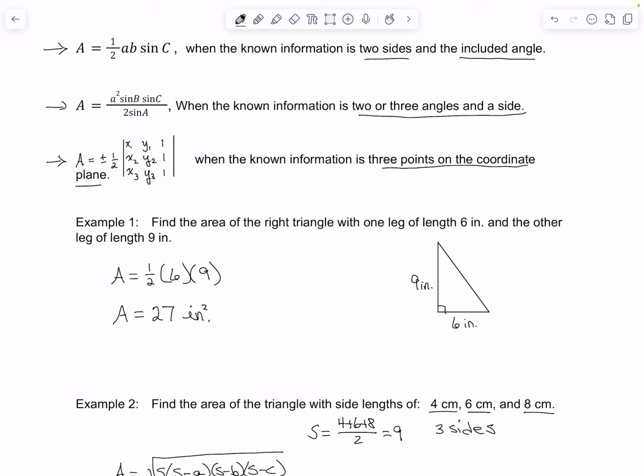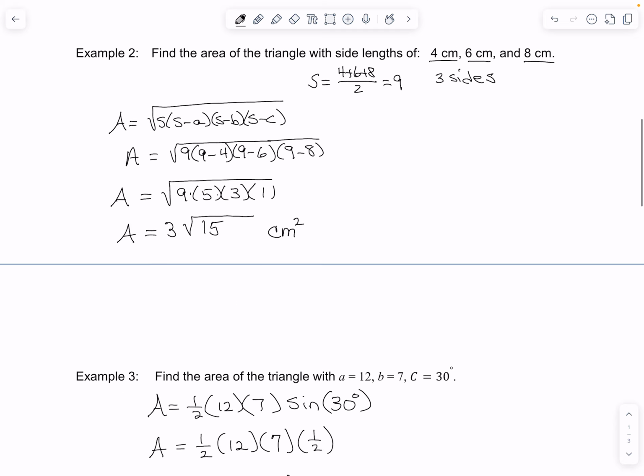And our area of our triangle is equal to plus or minus 1/2 times the determinant of. This means you're going to take the x coordinate, then the y coordinate, then the number 1 of your first point. Then for your second point, the x coordinate, the y coordinate, and then the number 1. And then for the third point, the x coordinate, the y coordinate, and the number 1.